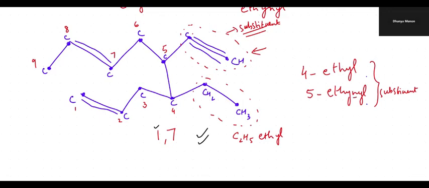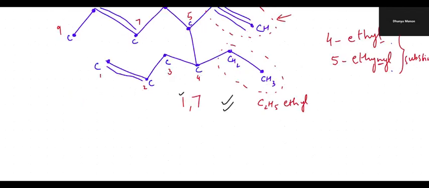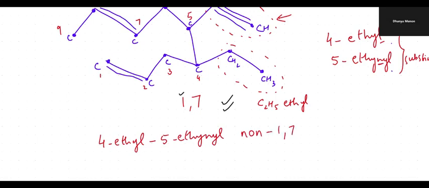L comes first, then N comes, right? So we will write 4-ethyl, 5-ethynyl, 9 carbon atom root word non, the double bonds are at the first and the seventh position, 1,7-diene.